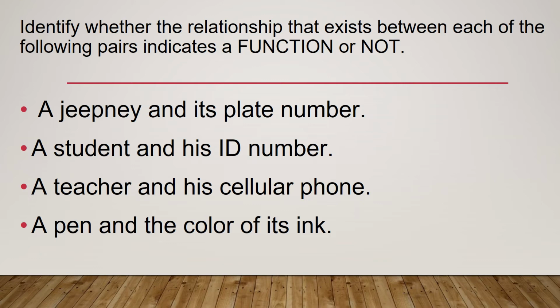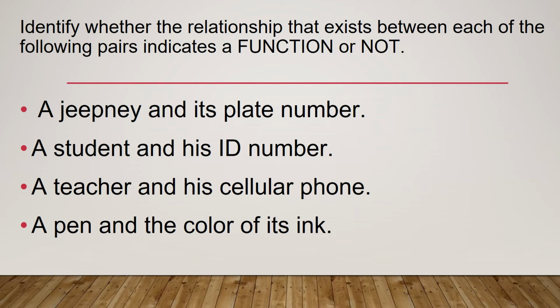Okay? So, it is a function. Why? A jeepney can only be assigned one plate number. So, this means that a vehicle cannot have many plate numbers. It should be unique. One plate number per vehicle. That's why it is a function. Okay?